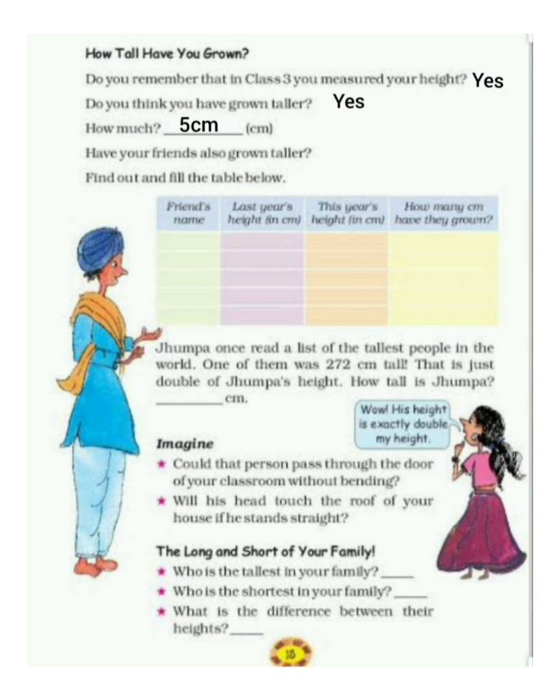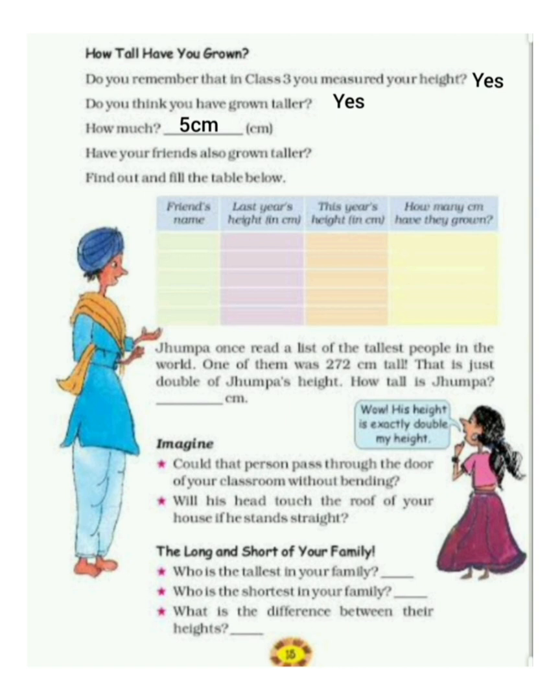Look here students, we have a table on page number 15. In this table we have 4 columns: friend's name, last year's height in centimeter, this year's height in centimeter, and how many centimeter they have grown. Then I'll write my friend Asha's details.